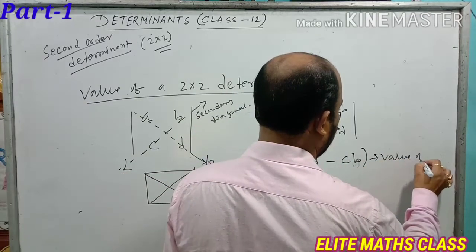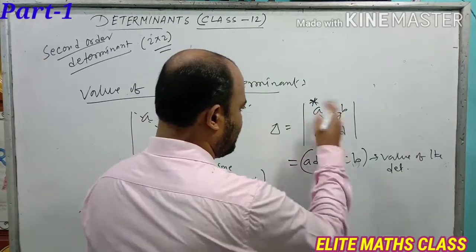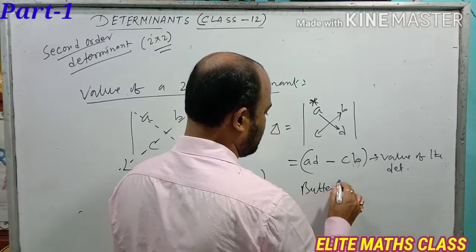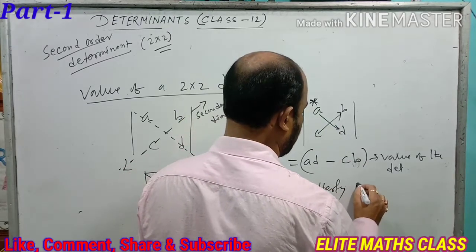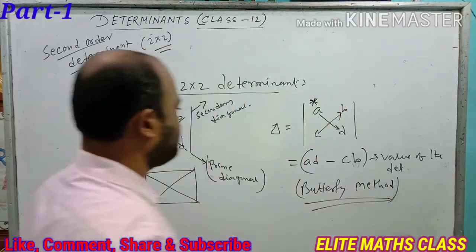This process of evaluating the value of a 2 by 2 determinant is called the butterfly method.